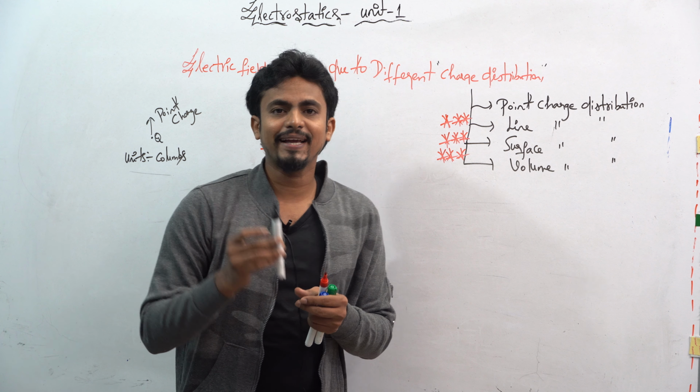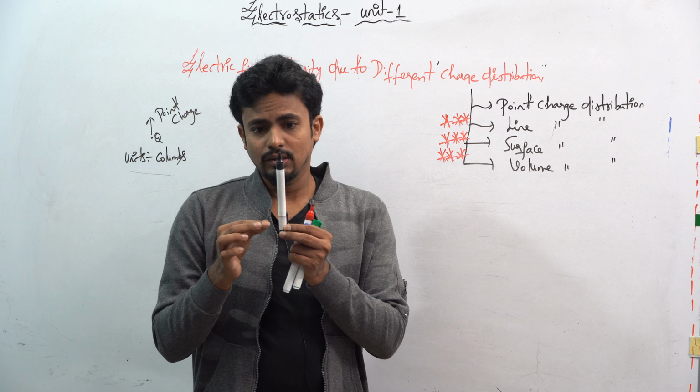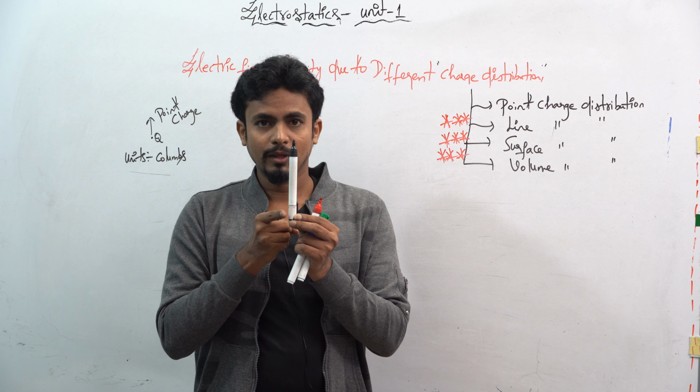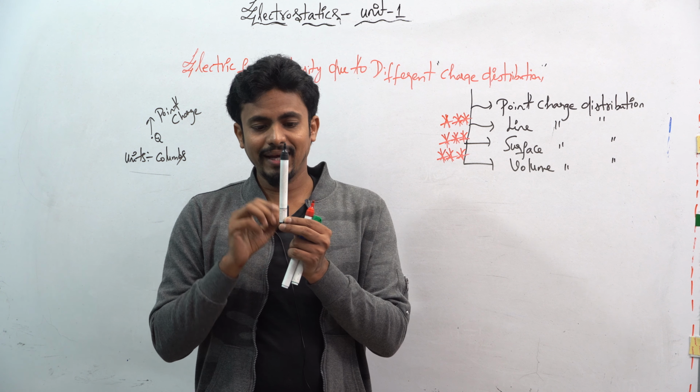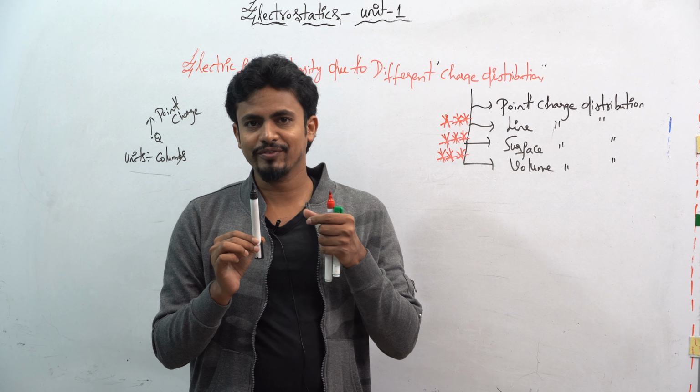For example, if you take this pen, it is like a line. I just put my charge distribution on it, with length from plus infinity to minus infinity.